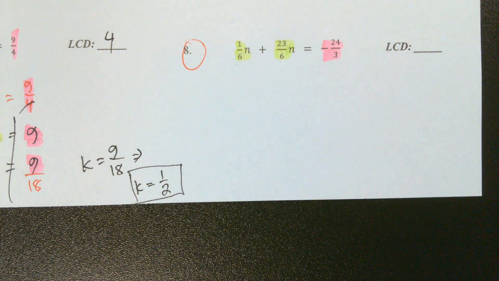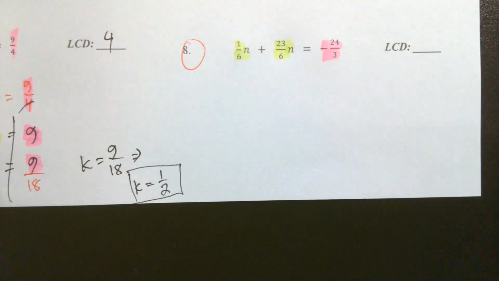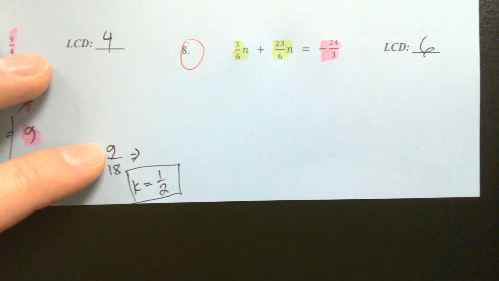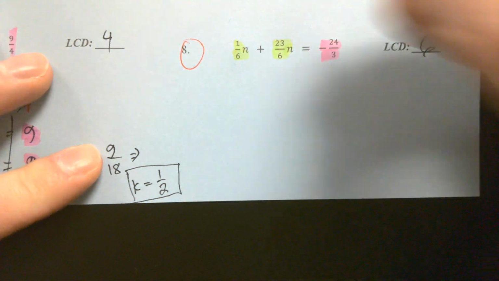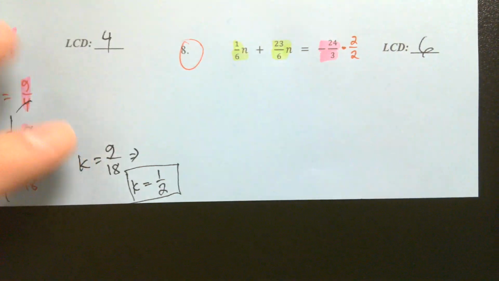So what's my LCD? I've got 6 and 3 on the bottom. What's my LCD going to be? 6, thank you, sir. 6. My 2 terms on the left are good. I'm going to take this right term and multiply it by what? 2/2. Beautiful. Making sure it's a whole fraction.